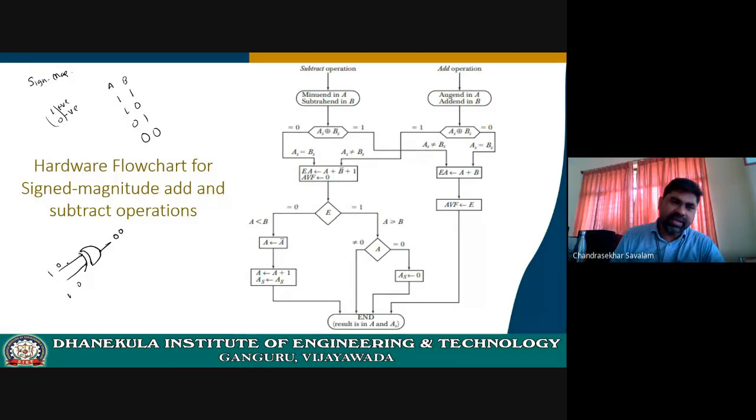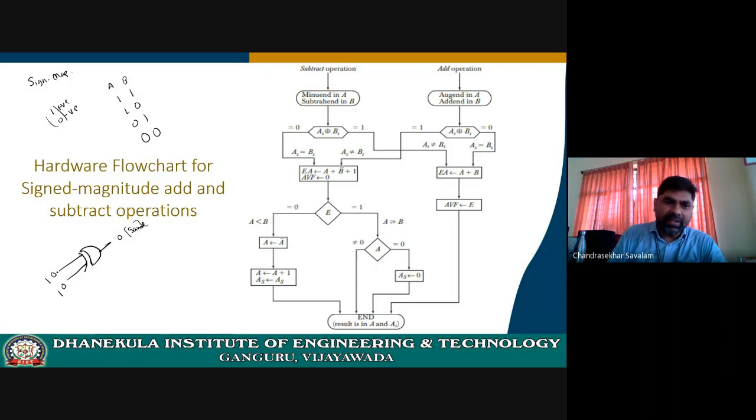That means we just applied two sets of inputs. 0, 0 output is 0. 1, 1 inputs, output is 0. So you need to understand, if we apply the signs of A and B to the inputs of the exclusive OR gate, you are getting 0 output when both signs are the same. As I told you, 1 means plus, 0 means minus.